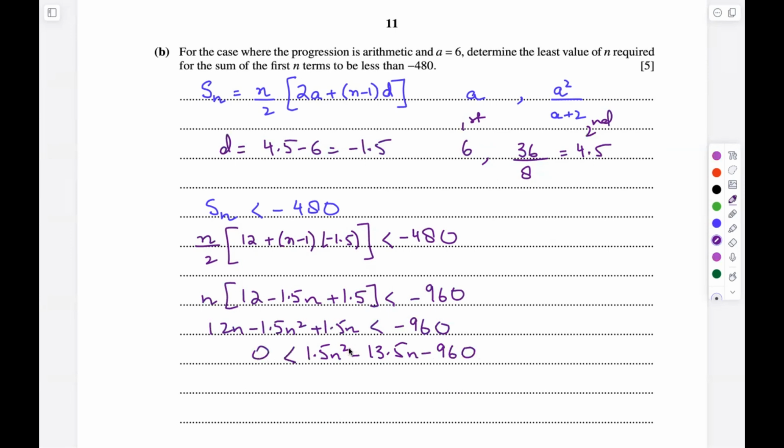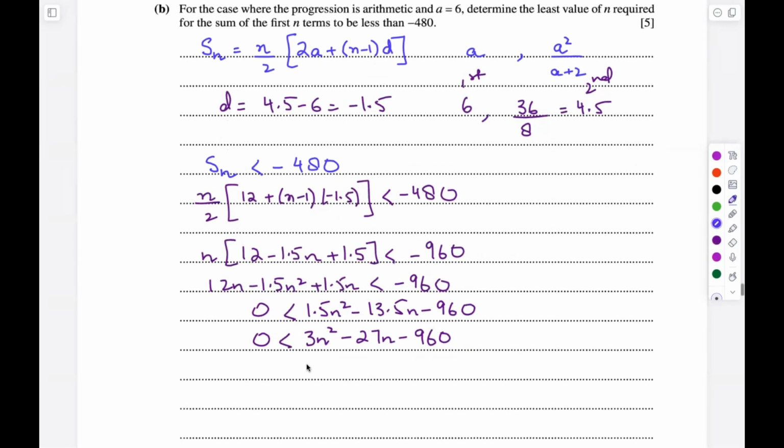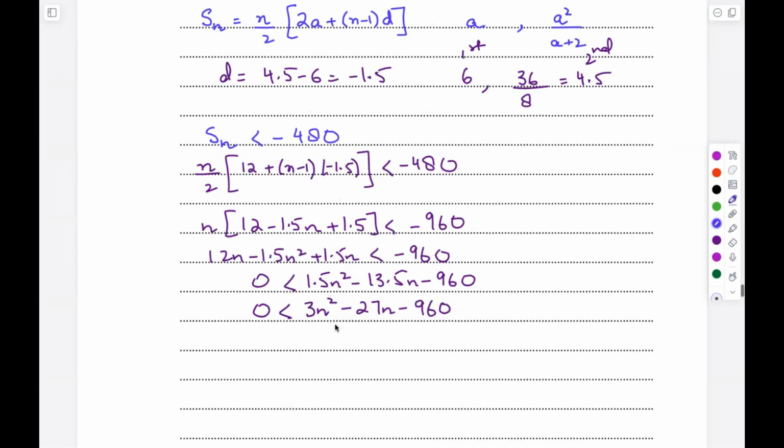Now to solve this, we can first multiply the equation by 2 to get rid of the decimals. So this will become 3n squared minus 27n minus 960, and that will be greater than 0. Once we have this, we can apply the quadratic formula to find the value of n, or we can first simplify it by dividing the whole term by 3.